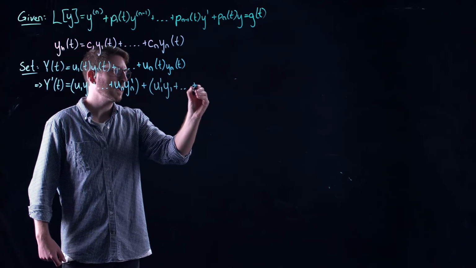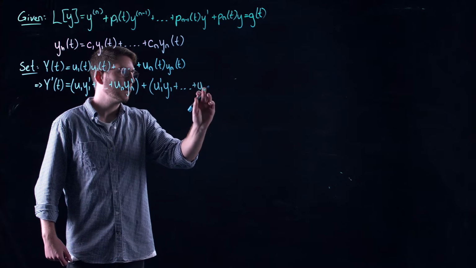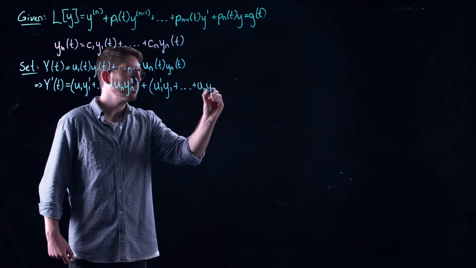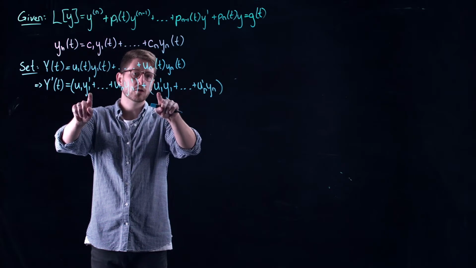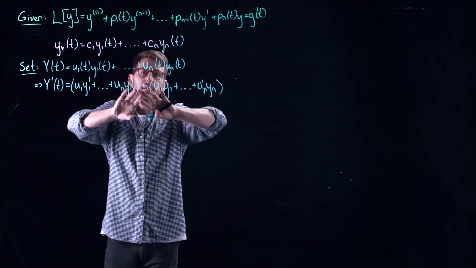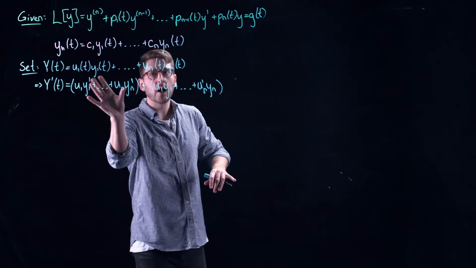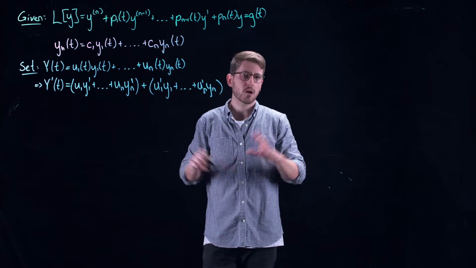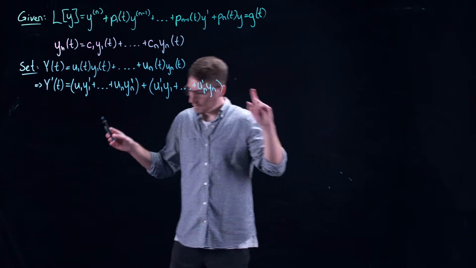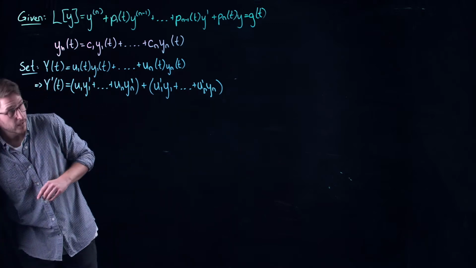So if you take a look at what I've done here, I have the full product rule represented, right? u1 times y1 prime, u1 prime times y1. All I did is I separated them out. I said all the y derivatives on the left, all of the u derivatives on the right. That's all that I wanted to do. And why is it that I wanted to do that?